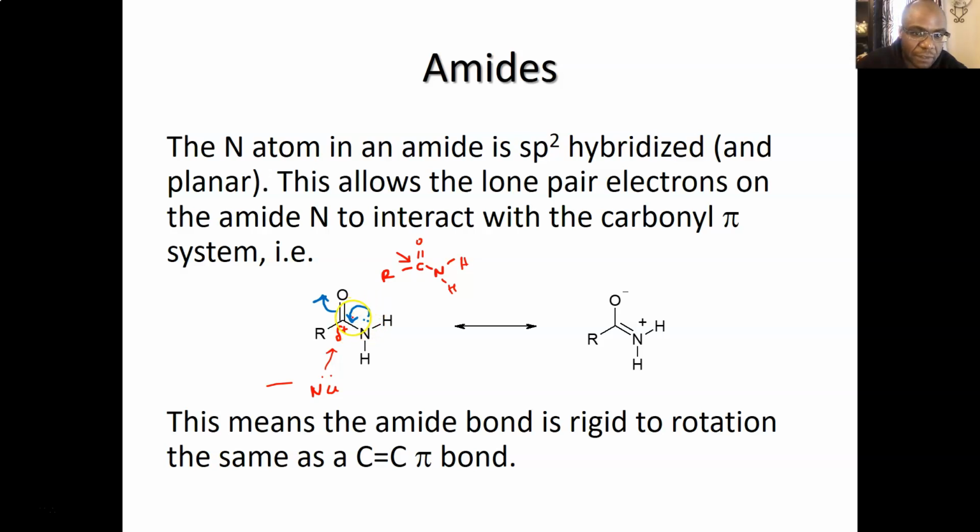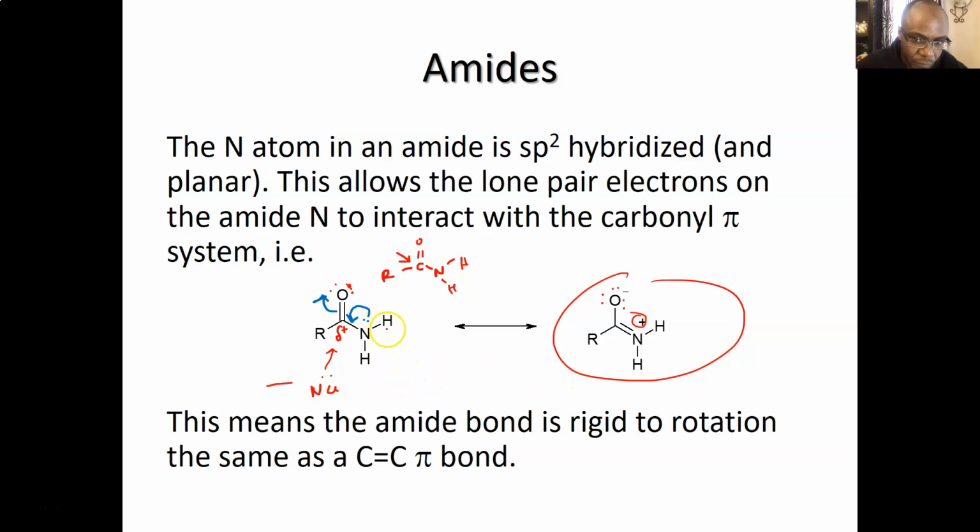Anyway, if you do resonance with the blue arrow, you get this. Here you have two lone pairs. After giving it the two electrons that made the bond, you get three lone pairs, and you get a double bond, and the nitrogen becomes positively charged. So these are resonance contributing structures.